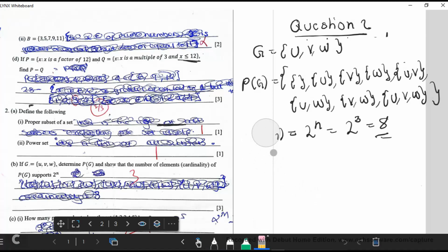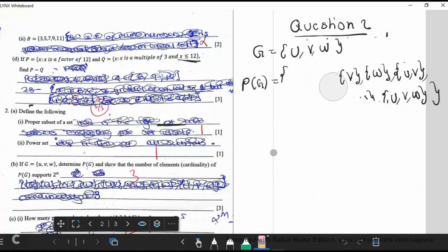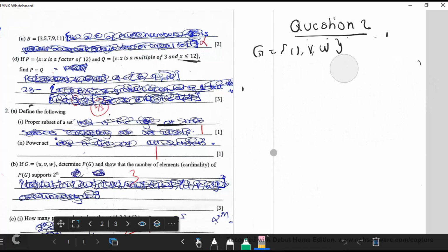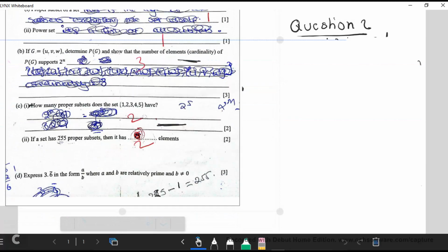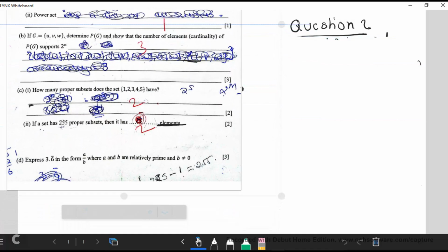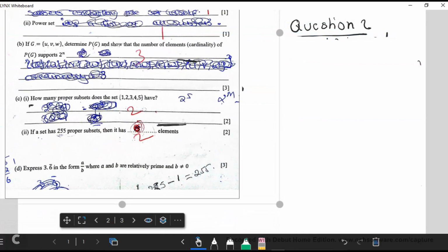Let's go on to 2C1. So how do we calculate 2C1? They're saying how many proper subsets does this set have?